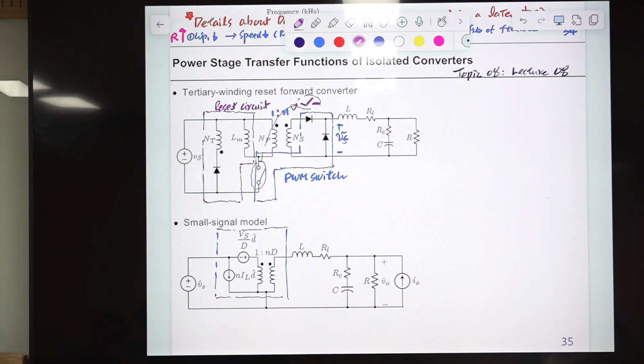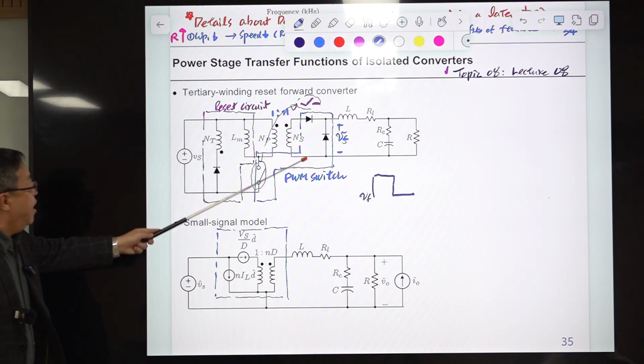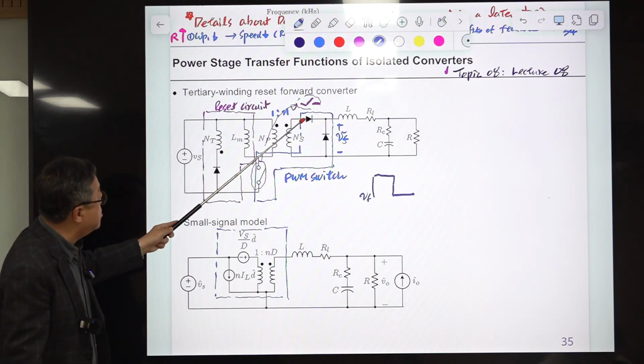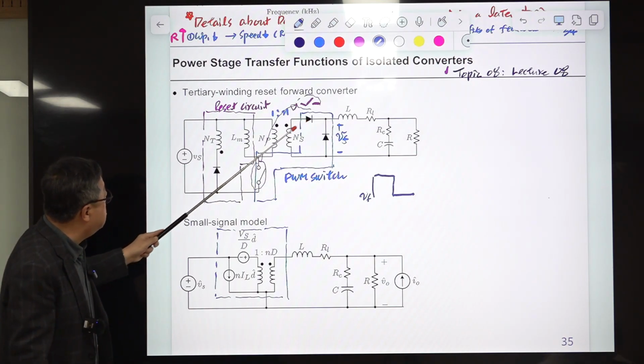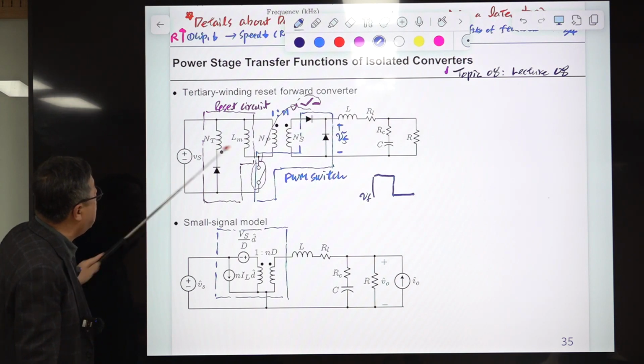Okay, so in terms of its operation, the operation is very similar to this one. So the voltage here is referred to as VF. VF is this one, and when this is turned on, this voltage becomes this voltage times the turns ratio.